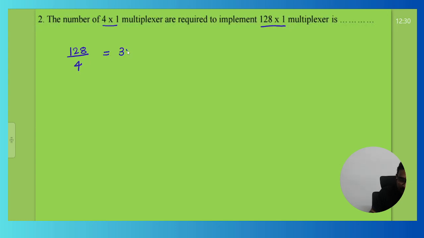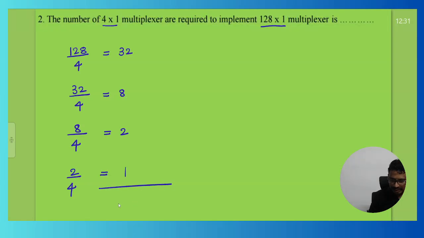That is 32. Yes, 32 by 4, simple division, it will be 8. 8 by 4 will come to be 2. That is 2 by 4, this will come to be 0.5 but should be considered as a 1. So how much is the total here?